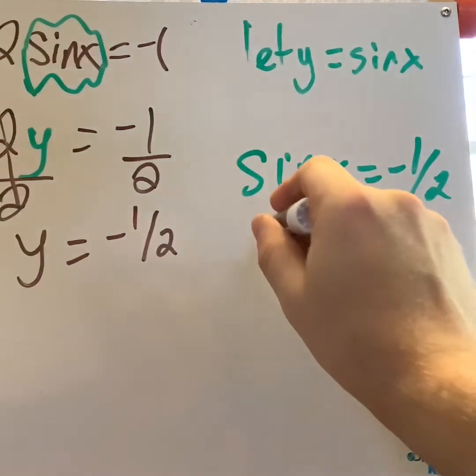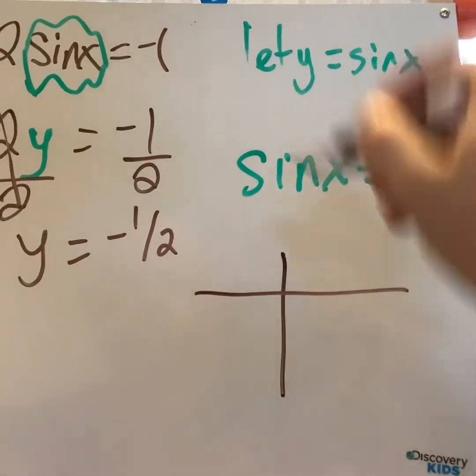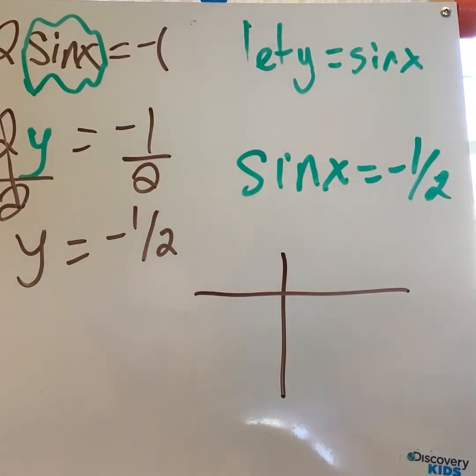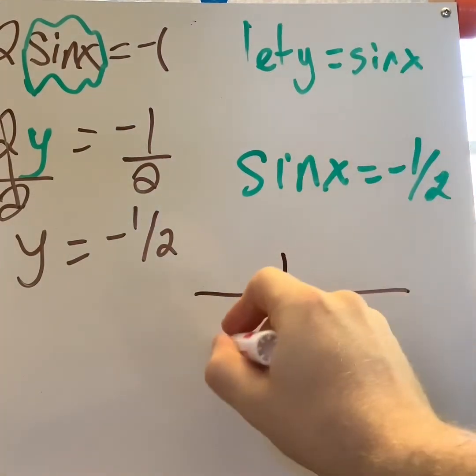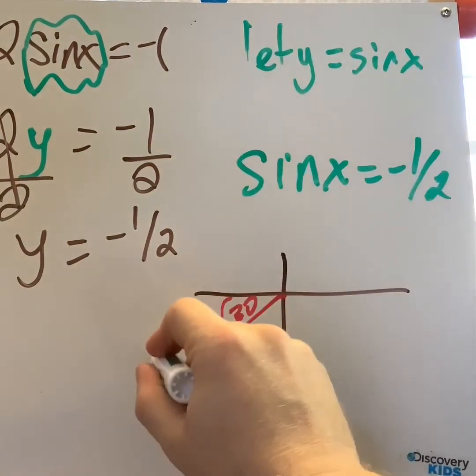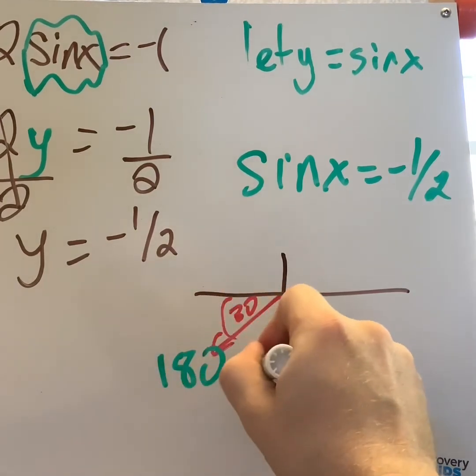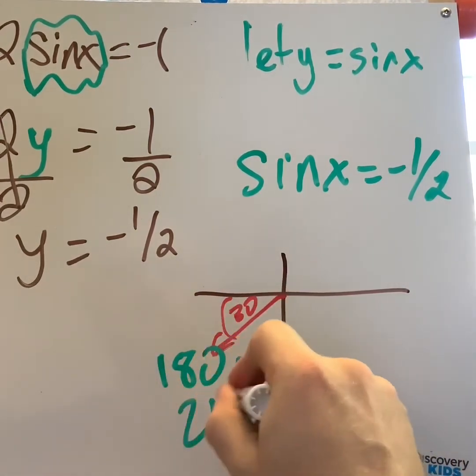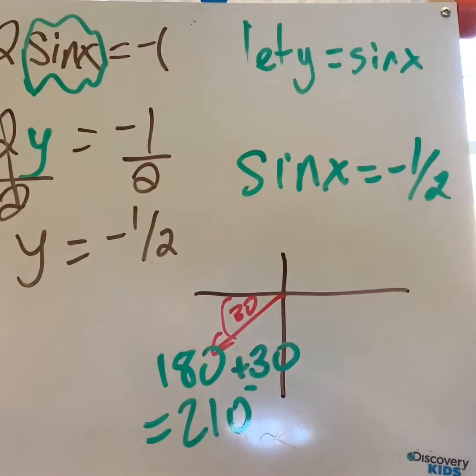In quadrant 3, we've got a 30-degree reference angle. So that's 180 plus 30, which is equal to 210 degrees.